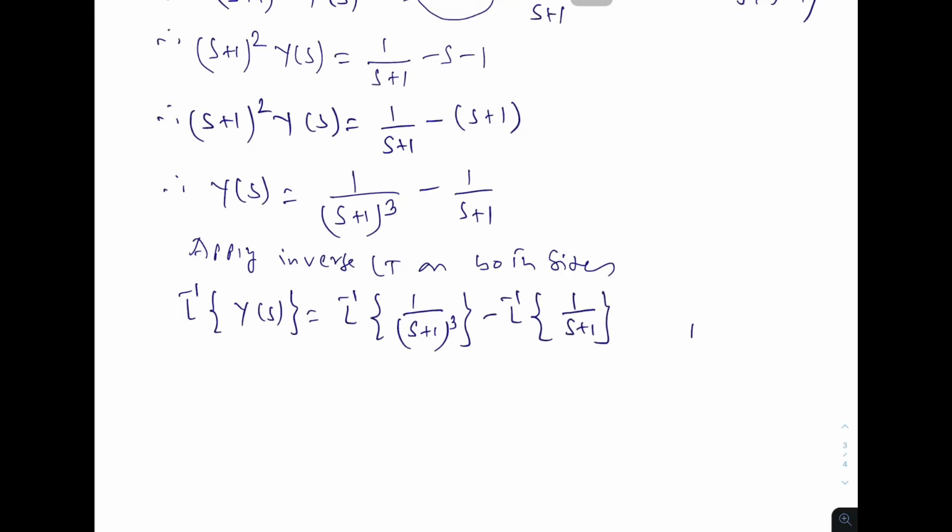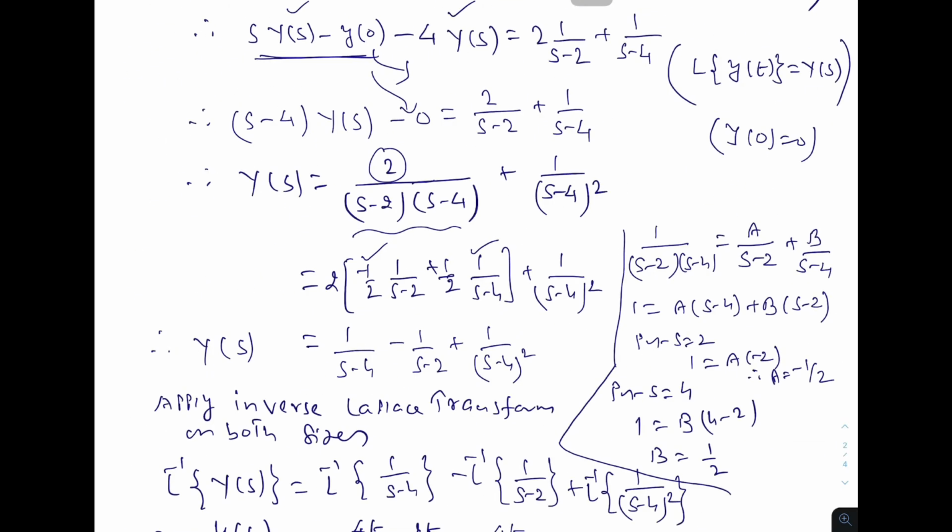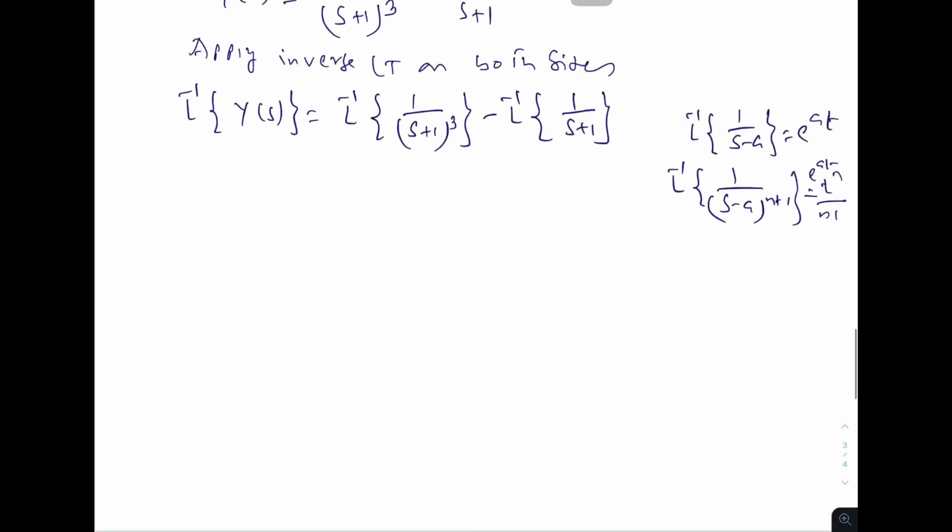Just as we have seen, the inverse Laplace transform of 1 over (s minus a) equals e power at, and the inverse Laplace transform of 1 over (s minus a) power n plus 1 equals t power n upon n factorial times e power at. Okay.